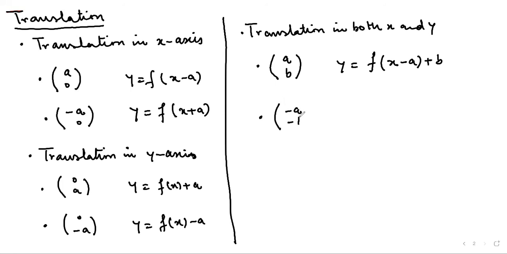And if the translation vector is minus a minus b, then the equation should be f of x plus a minus b. This one is the summary of translation.